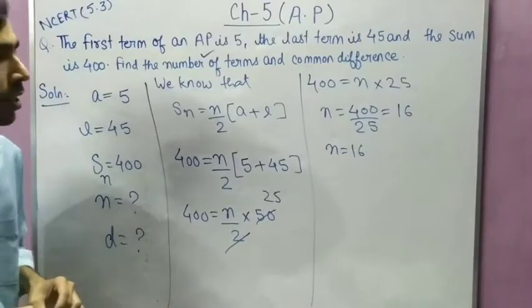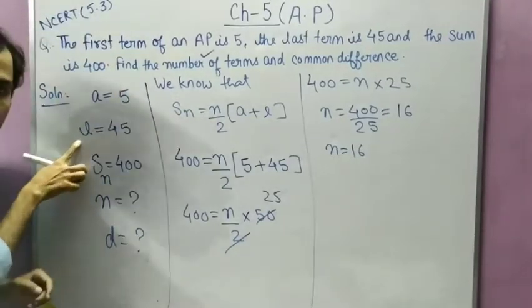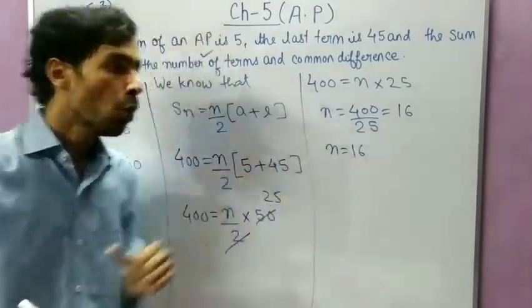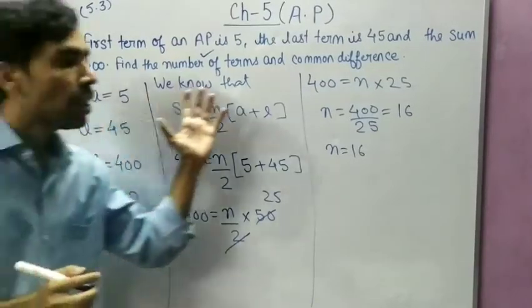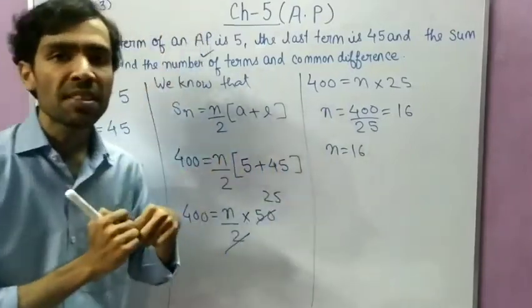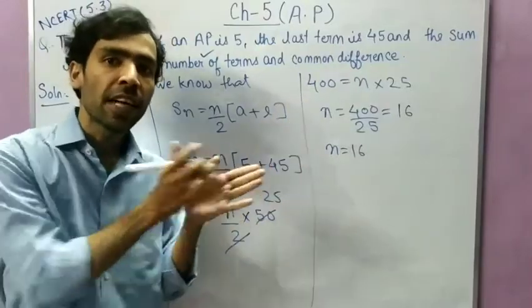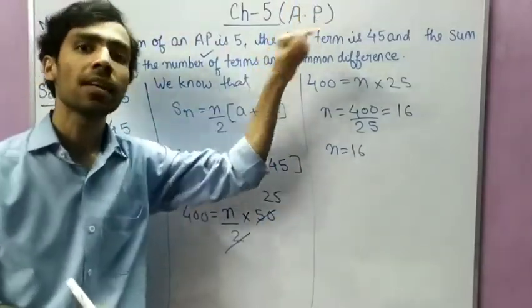So student, the value of a is given, the value of n you have already calculated. Suppose student, how many terms are in the AP? 16 terms. So it means the 16th term will be our last term, because if in the AP there are 16 terms only, then the 16th term will be our last term.